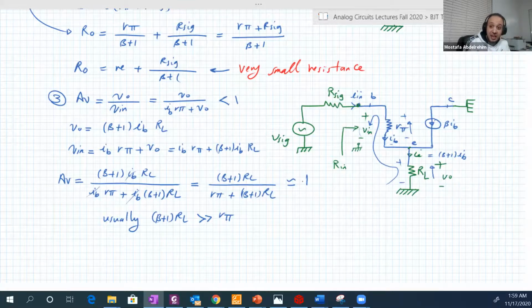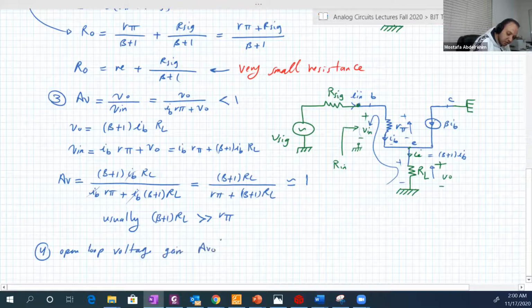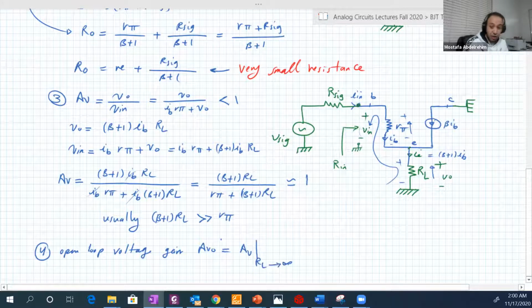And it will become clear now if we calculate the open loop voltage gain. So for number 4, the open loop voltage gain, which is AV naught, which is AV when R load equals infinity or open circuit, right? So let's do that here. Let's divide the numerator and the denominator by RL.